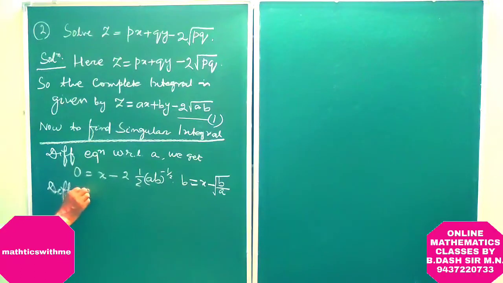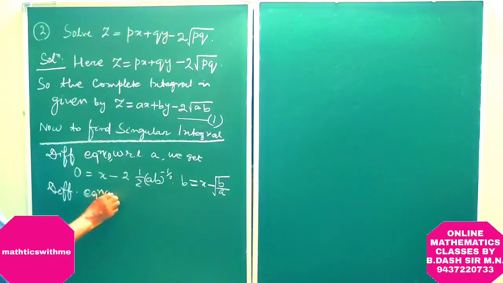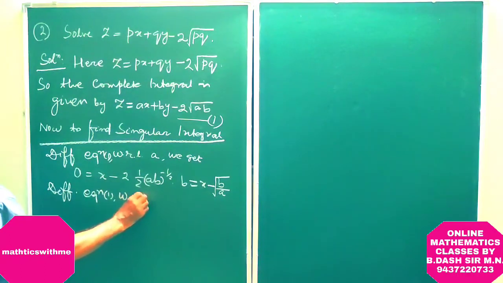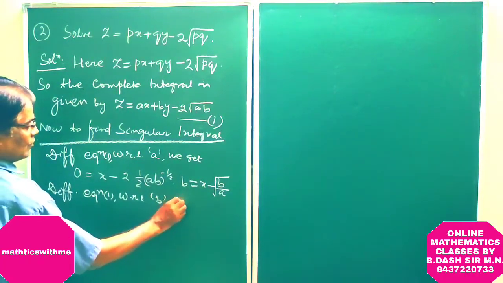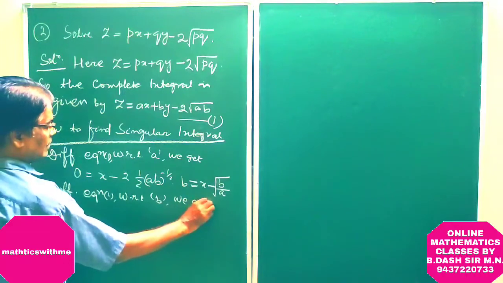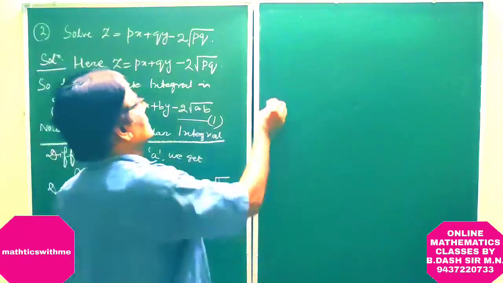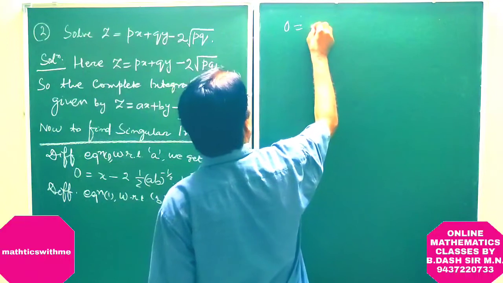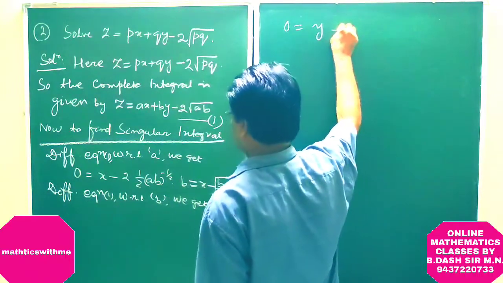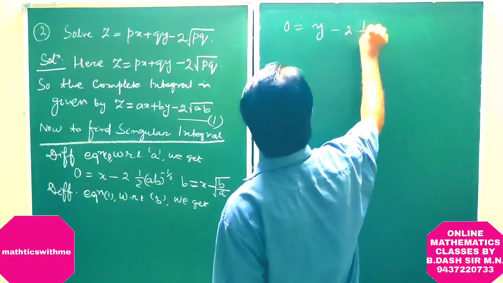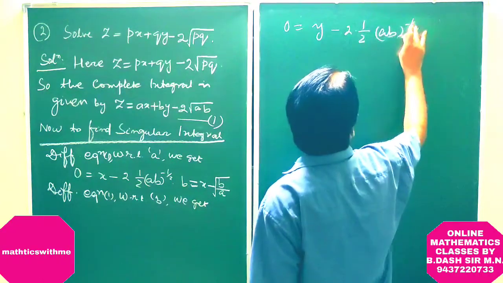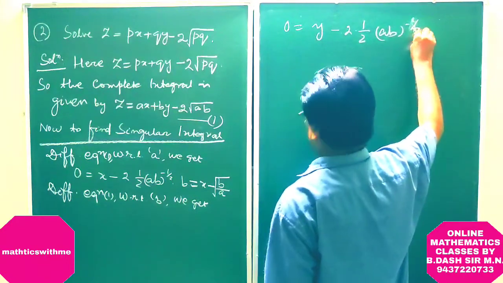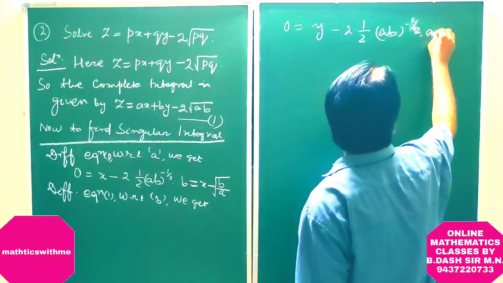Differentiating again equation 1 with respect to b, we get 0 is equal to y minus 2 into 1 by 2 (ab) to the power minus half into a.